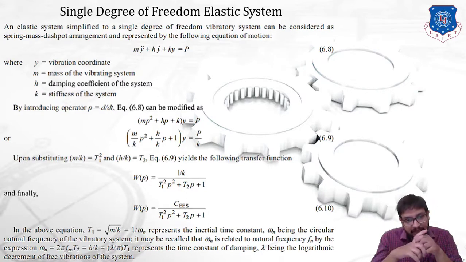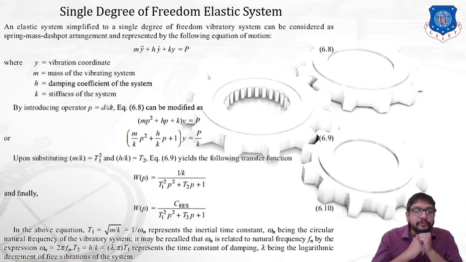Now in the next step, you can clearly see it is written m by k p square plus h by k p plus 1 into y, where we have divided the previous equation by k on both sides, that is the stiffness of the system. Now upon substituting m by k is equal to T1 square and h by k is equal to T2, we can write this equation as W(p) is equal to 1 by k upon T1 square p square plus T2 p plus 1.